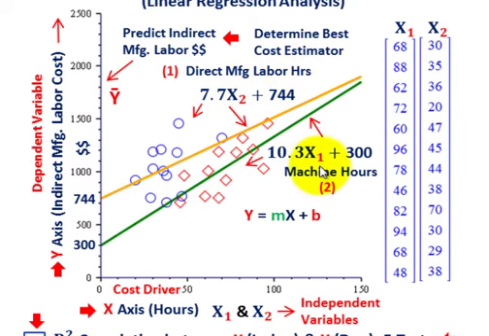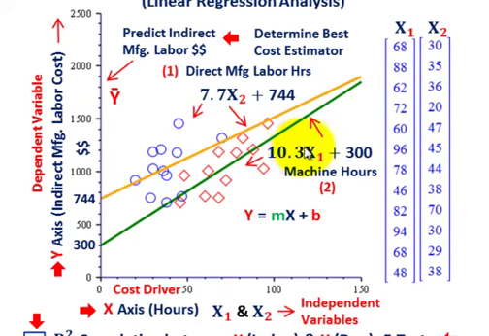And for our machine hours, I'm showing those red squares, and that regression line is shown in green with a slope of 10.3 times each machine hour plus 300. 300 is the y-intercept. That would equal our indirect labor cost.